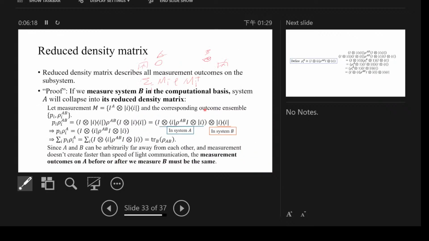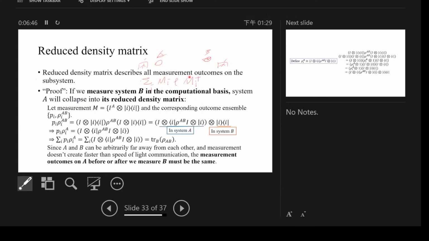And we say the reduced density matrix totally describes what happened on system A. And so this means several things. First thing is that when you do any measurement on system A, the reduced density matrix should describe all the outcomes on your system.